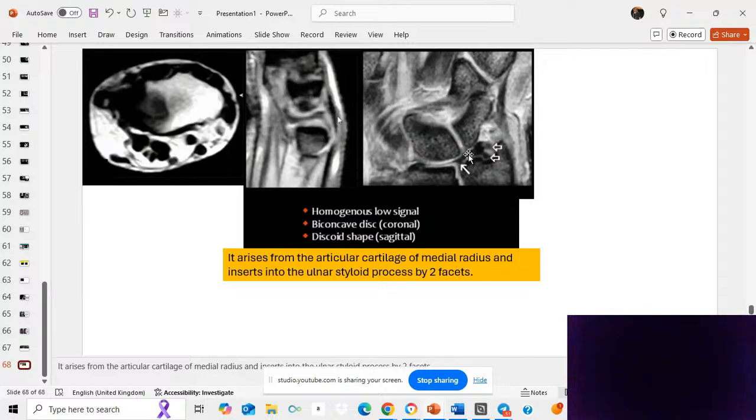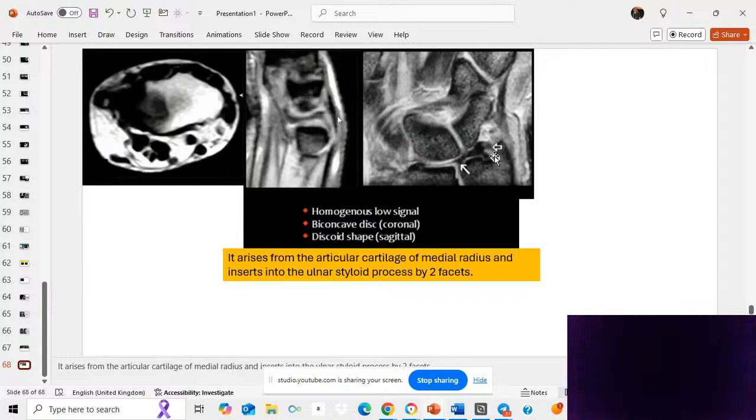The triangular fibrocartilage complex on coronal MRI arises from the articular cartilage of the medial aspect of the radius and inserts into the ulnar styloid process by two facets, as you can see here.